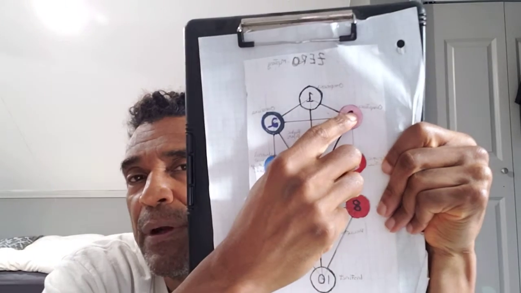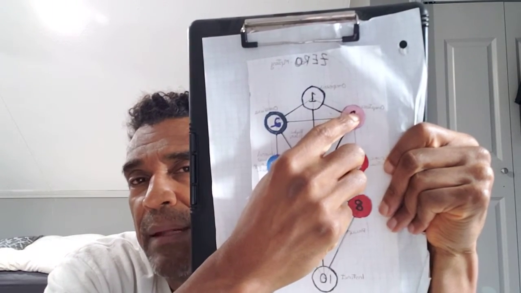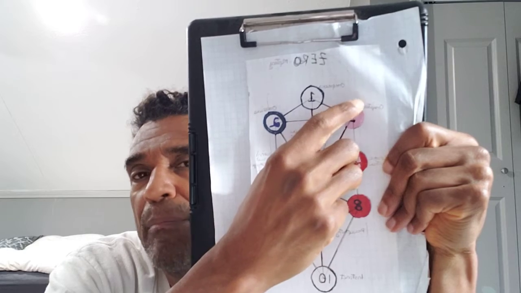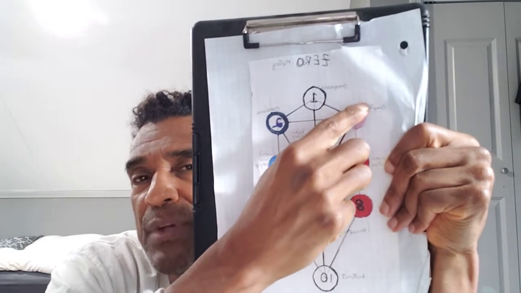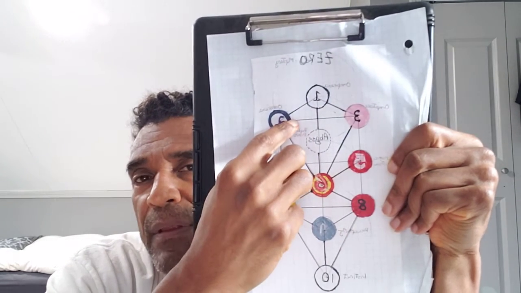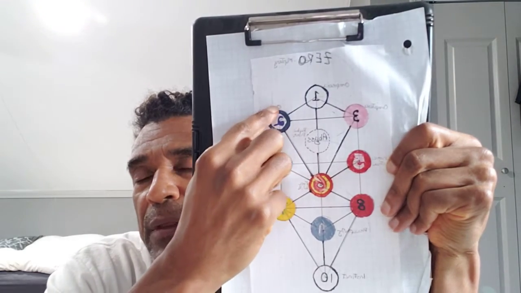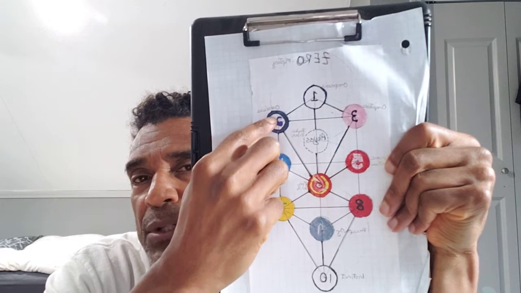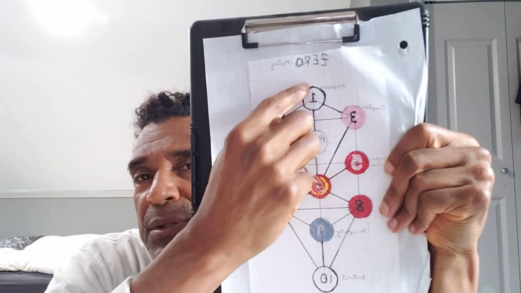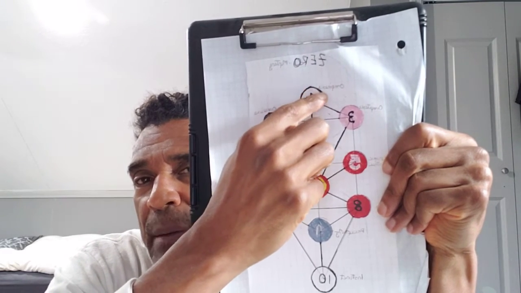The 3rd sphere is music and mantra, but for the quadrivium, music. And then the 2nd sphere has to do with astronomy and astrology. The 1st sphere has to do with geometry and sacred geometry.